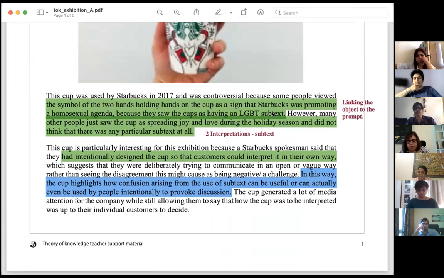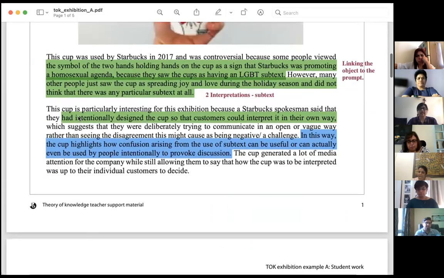Now, there's another aspect which says, Starbucks spokesperson said that they had intentionally designed the cup so that the customers could interpret it in their own way.